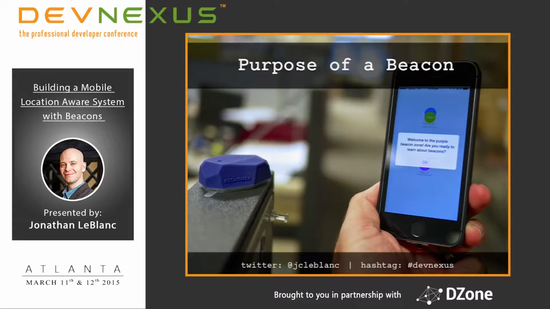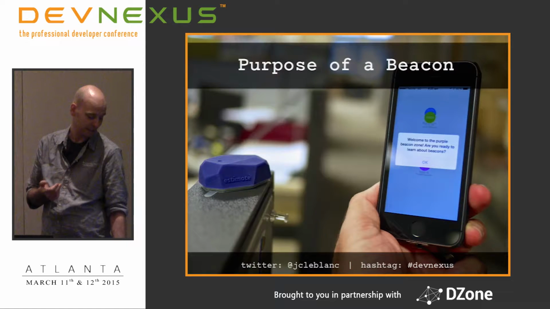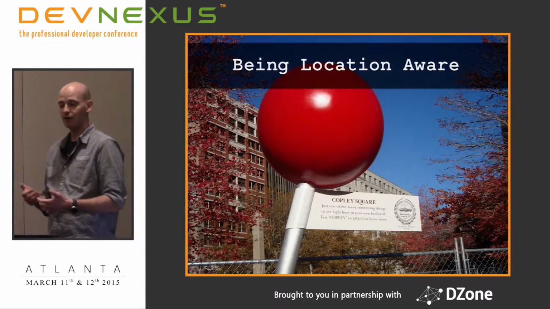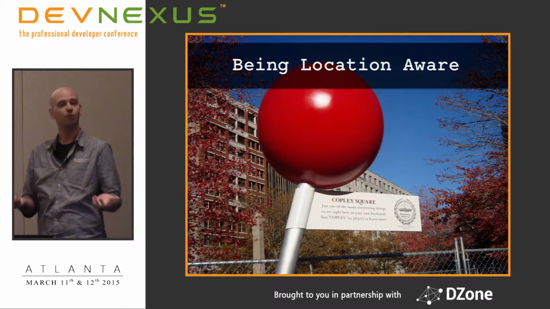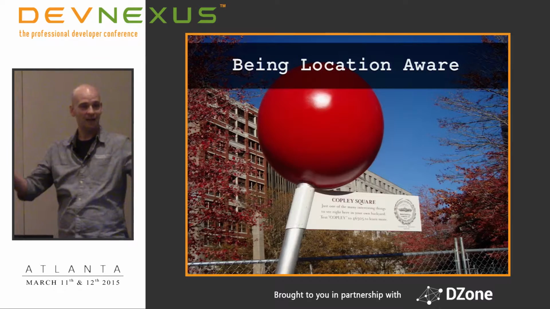There's no sense of, are you actually still there? Where are you in that space? Have you left that space? Any of that information. It's just broadcasting out a location that you're physically in at some point or physically near. Everything around beaconing technology is physical presence, being location aware of where you are in that physical space.